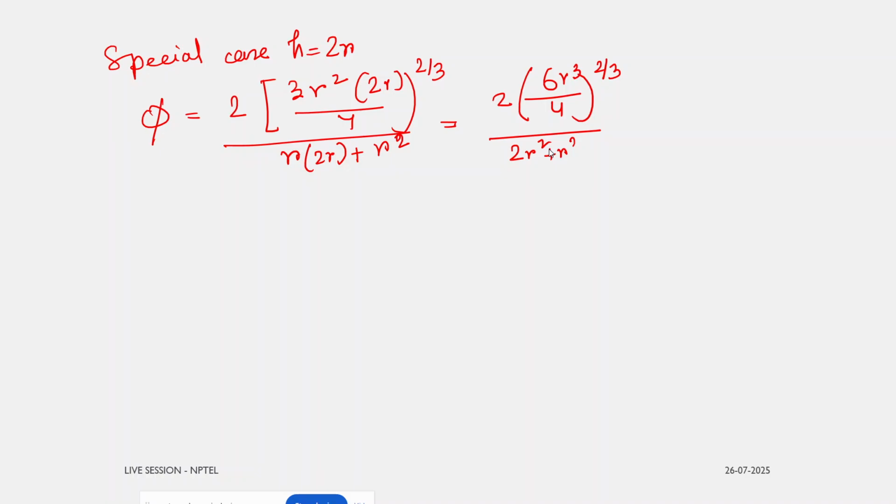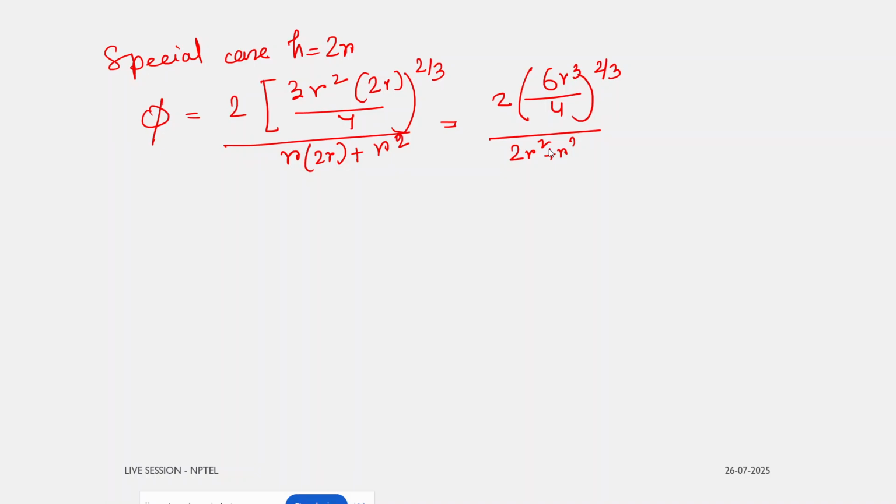So I hope it is clear. If there is any question, you can ask that. I would love to give the explanation for that. I guess this is a very simple derivation.